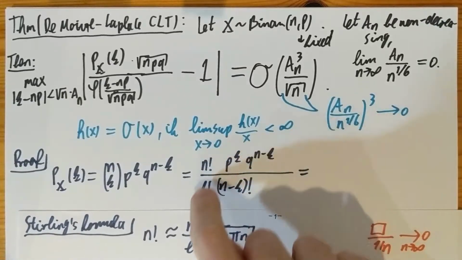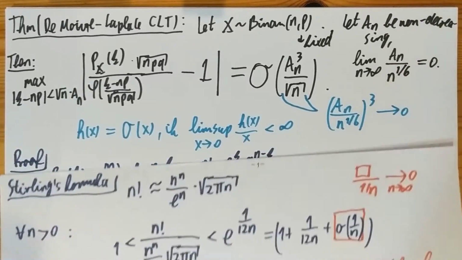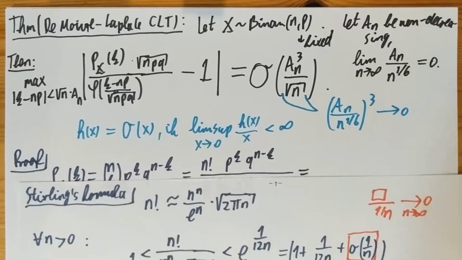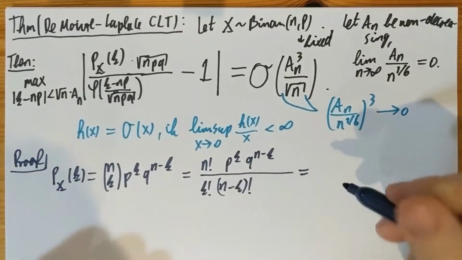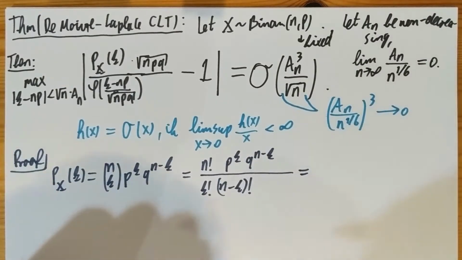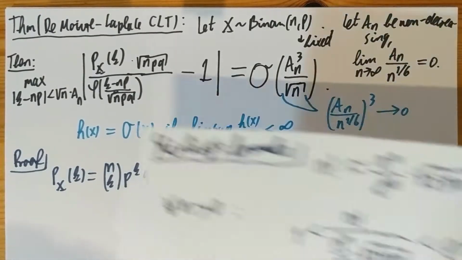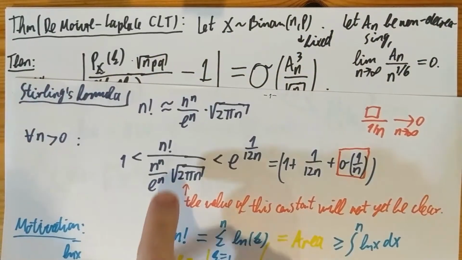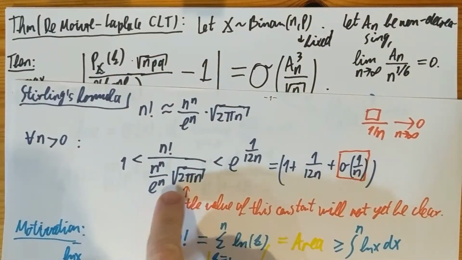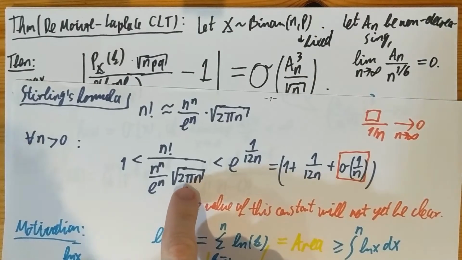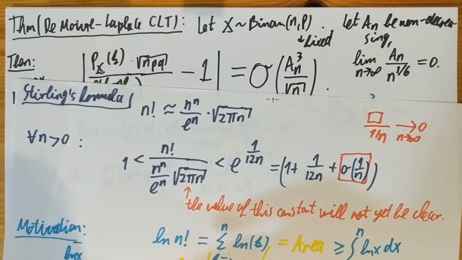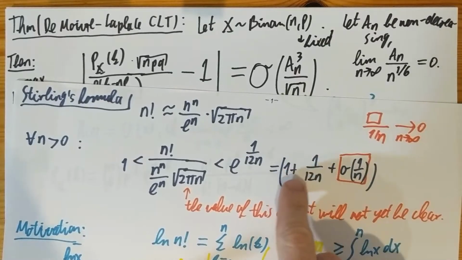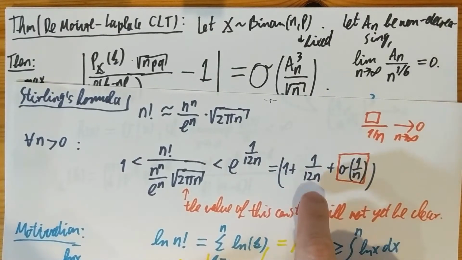So we have 3 factorials here. All of them will be substituted using Stirling's formula. The first one is n factorial, and n factorial can be replaced by n to the n over e to the n square root of 2 pi hat times n, and we can do this with a price of 1 plus capital O of 1 over n.